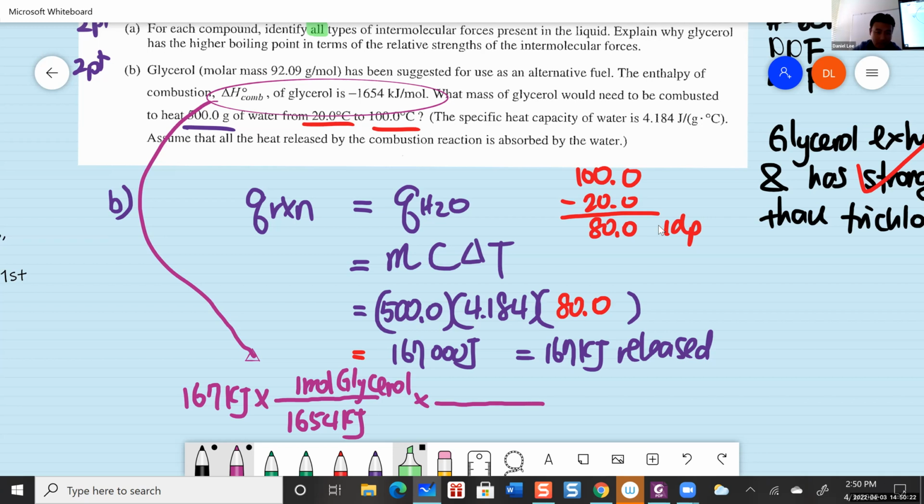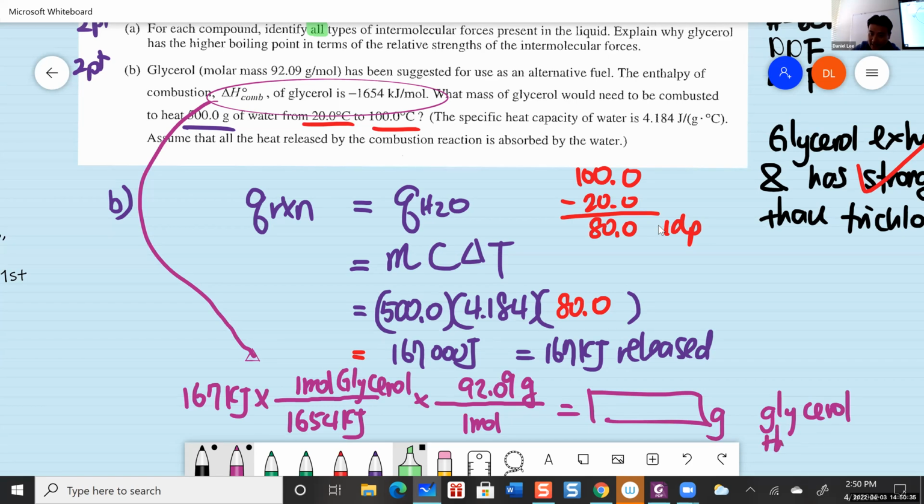But you don't want moles, you want grams, so you just use molar mass. 1 mole of glycerol is 92.09 grams. And that's the answer. In grams of glycerol that is needed to burn, to release 167 kilojoules, to raise 500 grams of water by 80 degrees Celsius. That's kind of how you connect everything together.